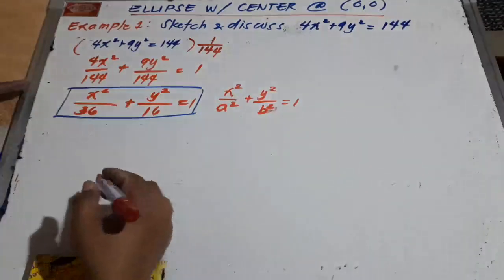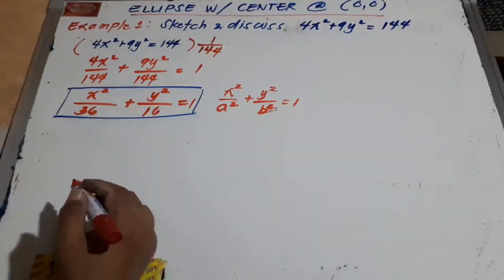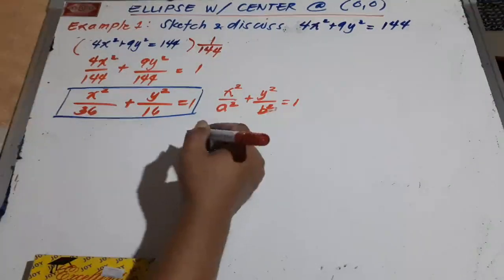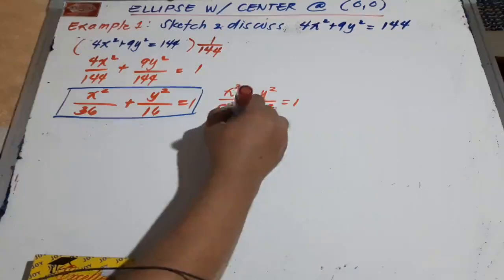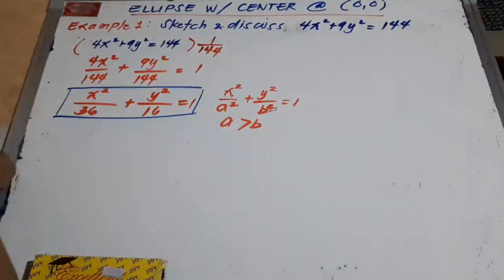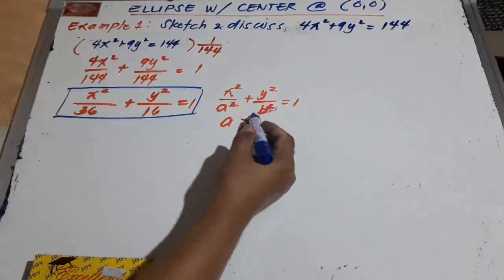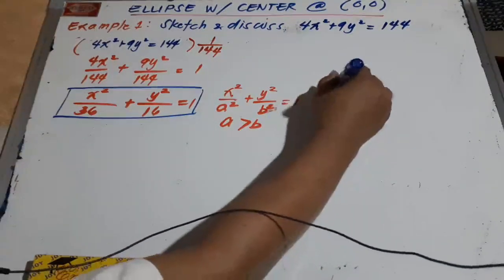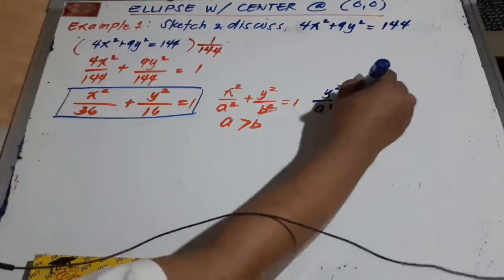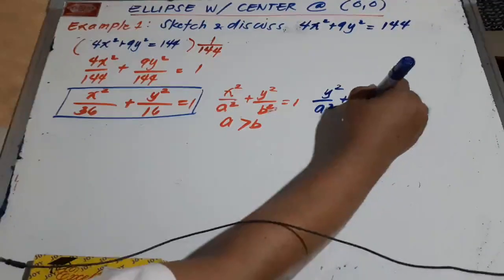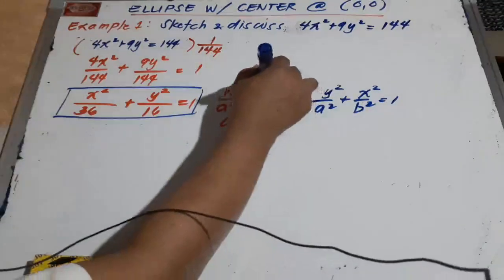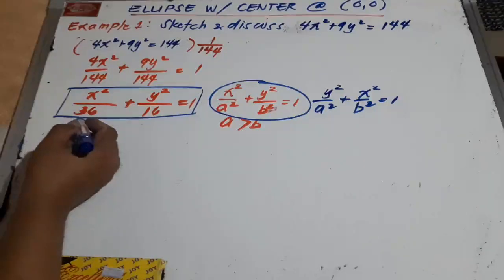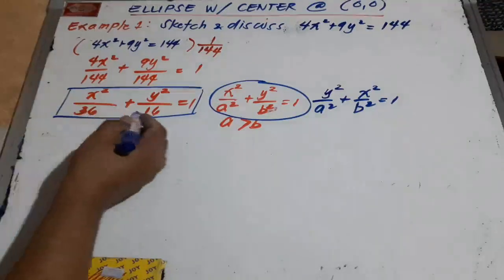And since yung ating denominator ni x squared is larger than the denominator ni y squared, and we all know that a is always greater than b. Okay? So, ito yung ating standard equation instead of the other one. Yung kabila kasi is y squared over a squared plus x squared over b squared equals 1. So, itong gagamitin natin. Yun ang kamatch niya. Bakit? Kasi mas malaki yung denominator na x squared kesa sa denominator ni y squared.